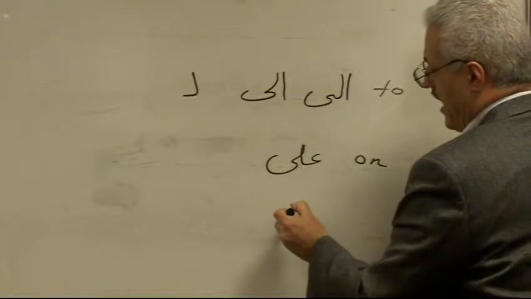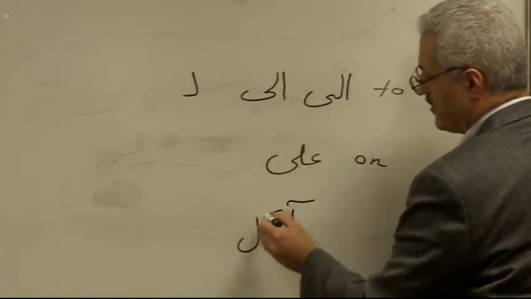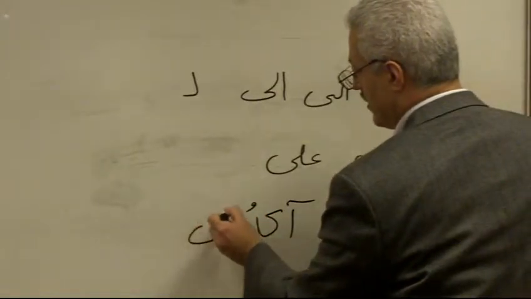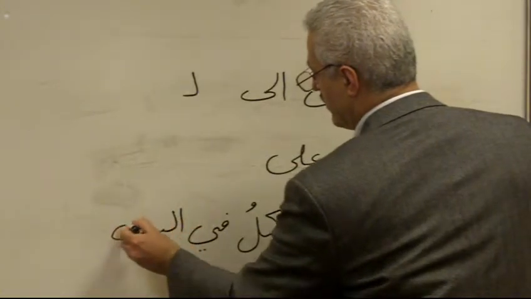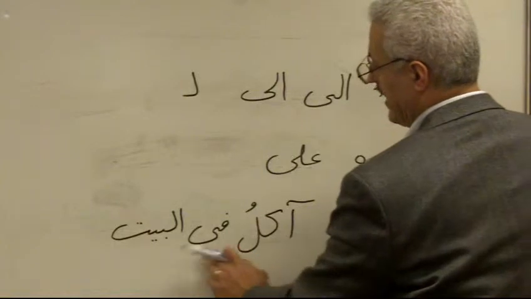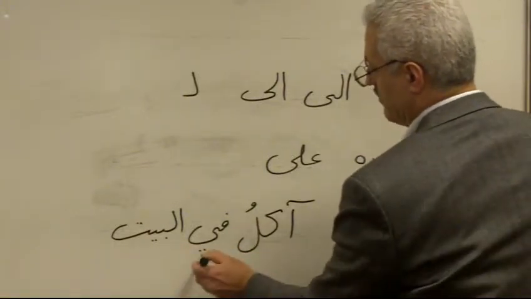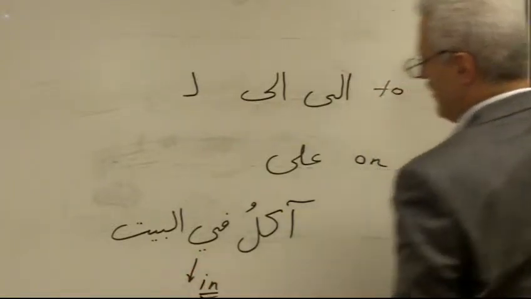You're going to say آكل في البيت, I eat at home or I eat in the house. This is في, which means in.